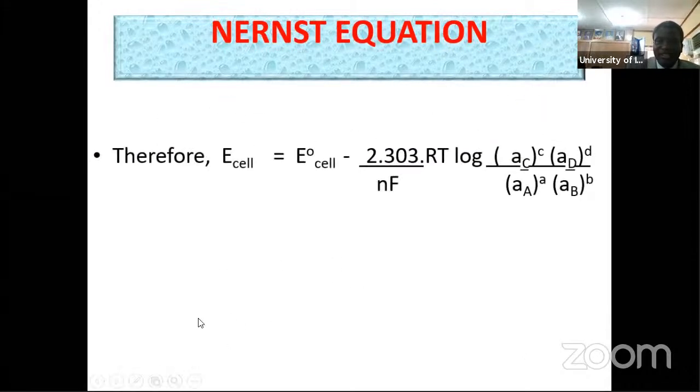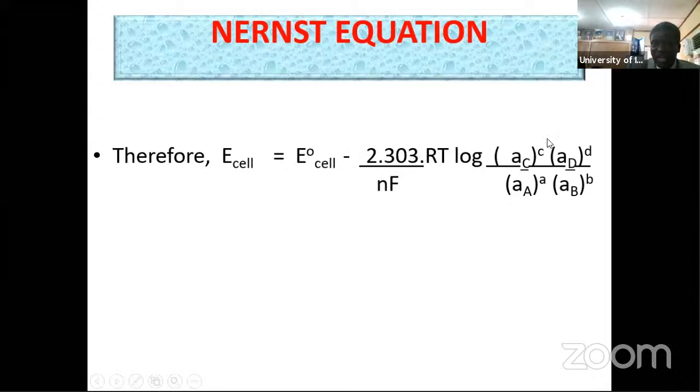So now this is the equation that we call Nernst equation. Your E cell, that is generally, and under standard condition, it is this. Then minus whatsoever you have here.